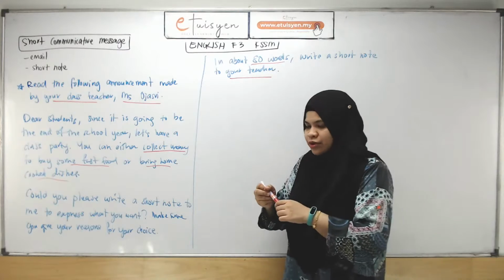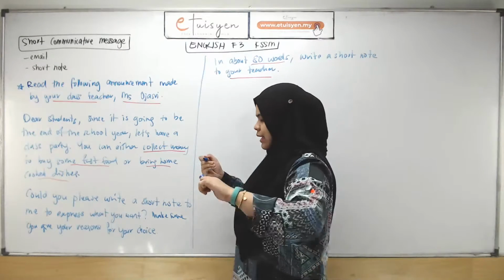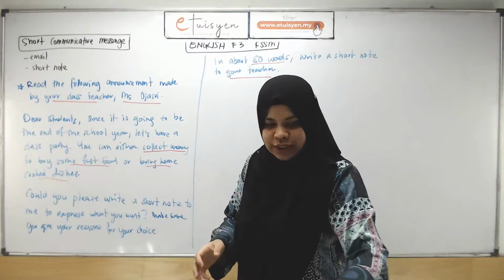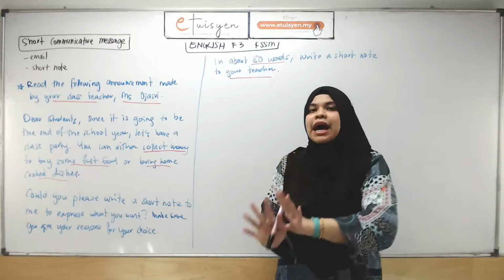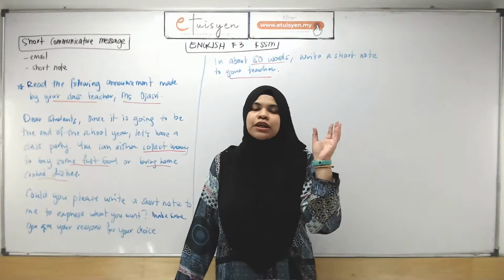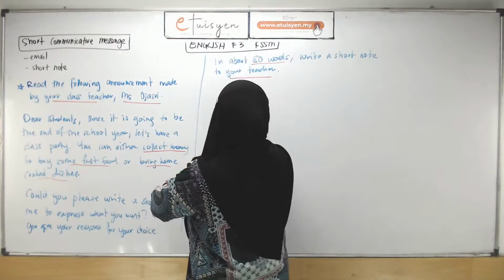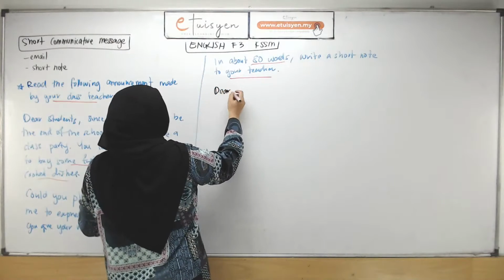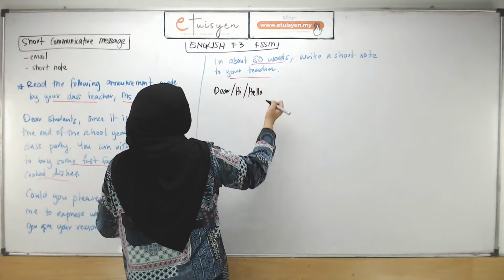Okay, alright. So now how do you do it? How do you start? Sebabkan ni adalah, you know what, let's use warna hitam. Okay, so because this is a short note, sama macam writing an email, you need to start with a greeting. Greeting, you can either write dear, or you can write hi, or you can write hello, okay?